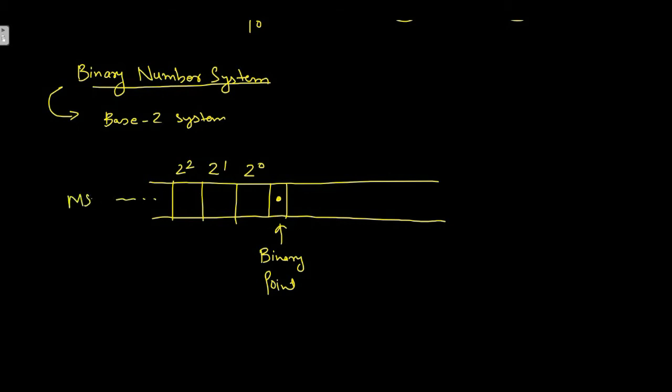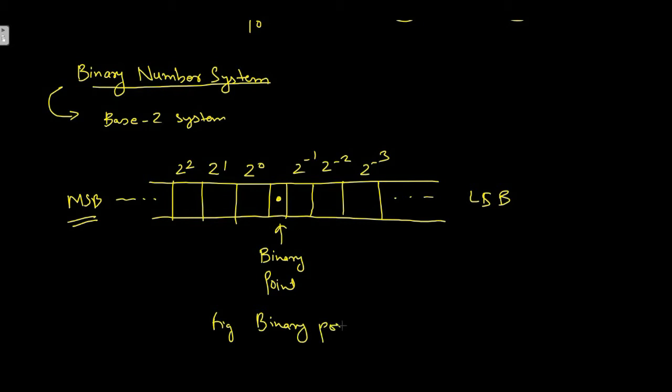This is called MSB. After the binary point, the powers are 2 to power minus 1, 2 to power minus 2, 2 to power minus 3, and so on. Here we get the LSB. So this is the binary position value as a power of 2.